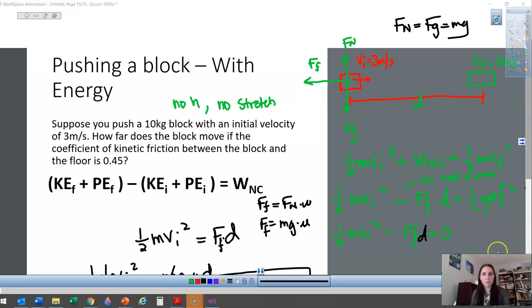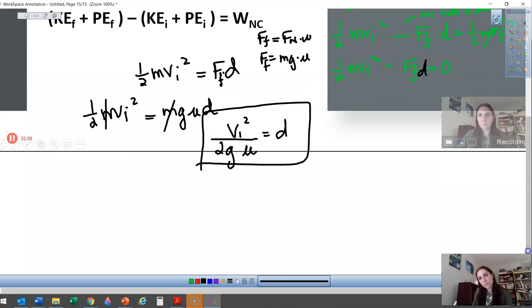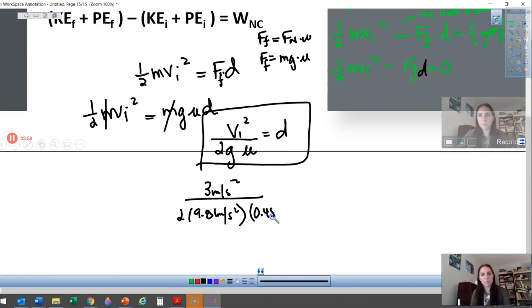So how fast was it going? 3. 3 meters per second. Squared, over 2g, and mu was what, 0.45? By the way, we definitely have solved this using the work energy theorem.